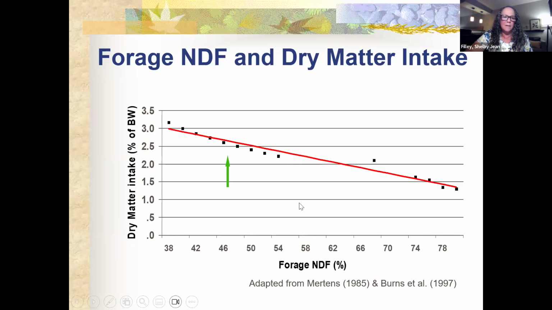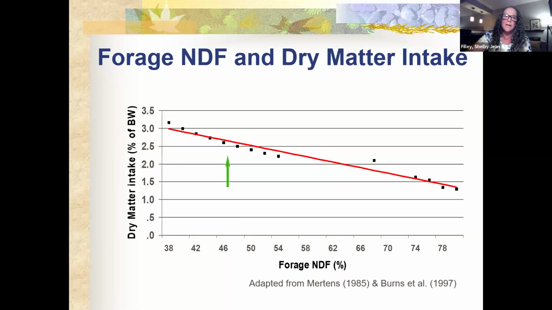All right. So we usually say the animal can eat about 2.5% of its body weight in feed. And we see that anything over 46, 47% NDF, the animal will have a hard time just eating that, like straw or very mature feed.